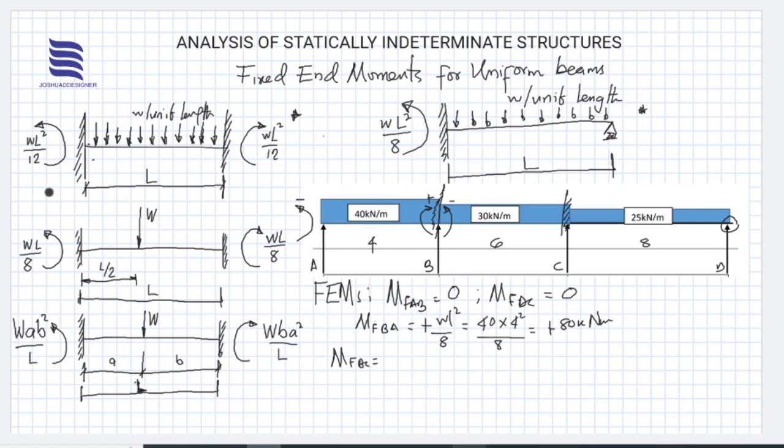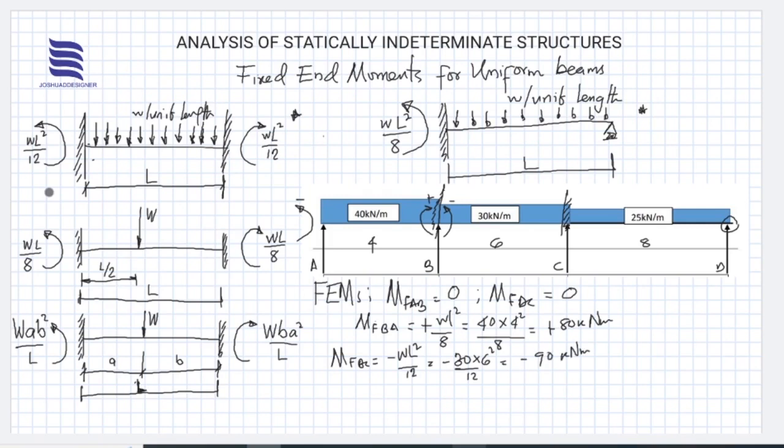So this BC is an interior span which has its supports and joint fixed, right? So that makes us select this appropriately to be minus WL squared over 12. That's minus 30 multiplied by 6 squared over 12. This should give us minus 90 kilonewton meter, right?